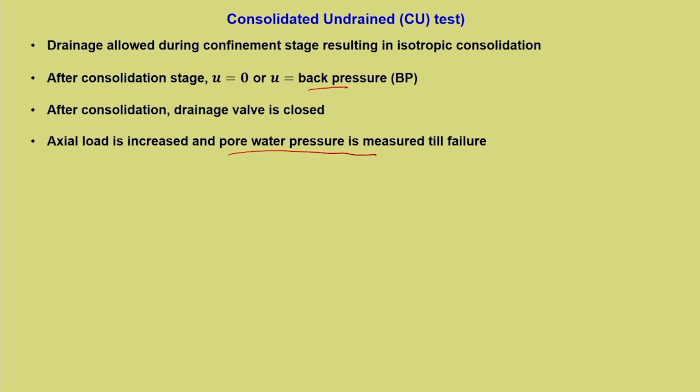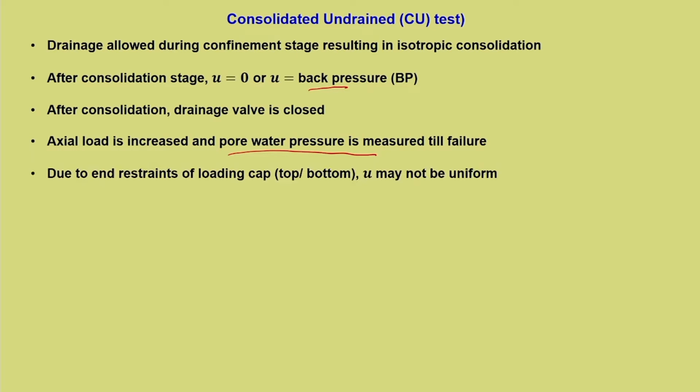In the CU test, it is invariably necessary to obtain the pore water pressure. Only if you know the pore water pressure can you give the shear strength, or represent the stress strain in terms of effective stress. Here it is extremely important that we have the effective stress strength parameters, because that is more relevant.